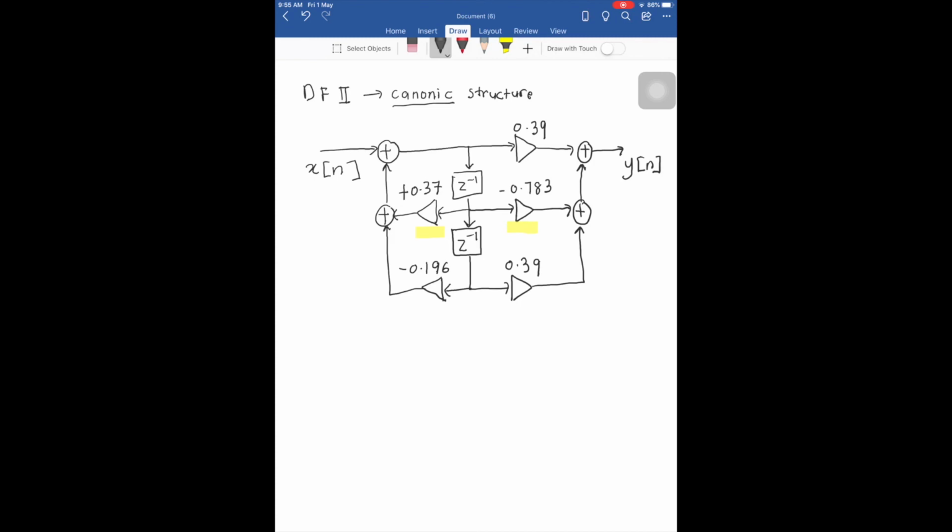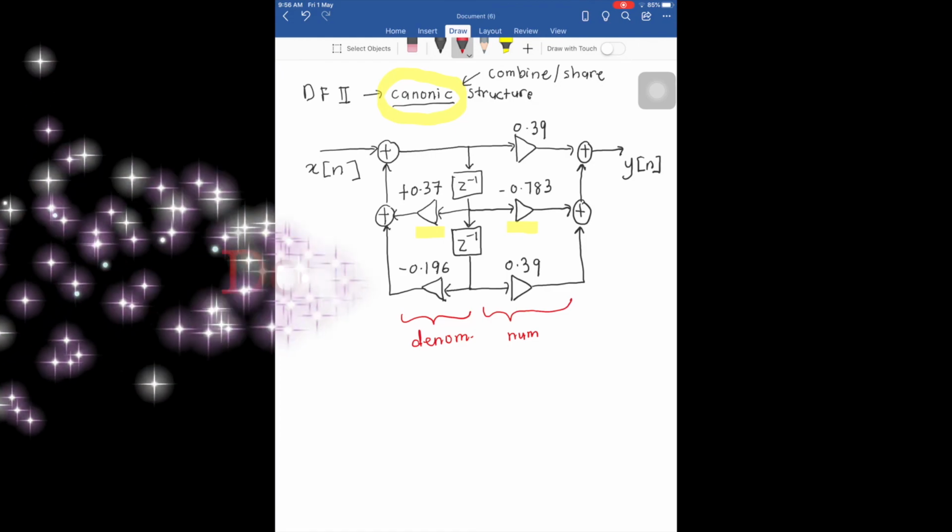Done. Basically, for a canonic structure, we combine or share the delays, meaning your numerator part and denominator part share the same delay. That's all for direct form 2.